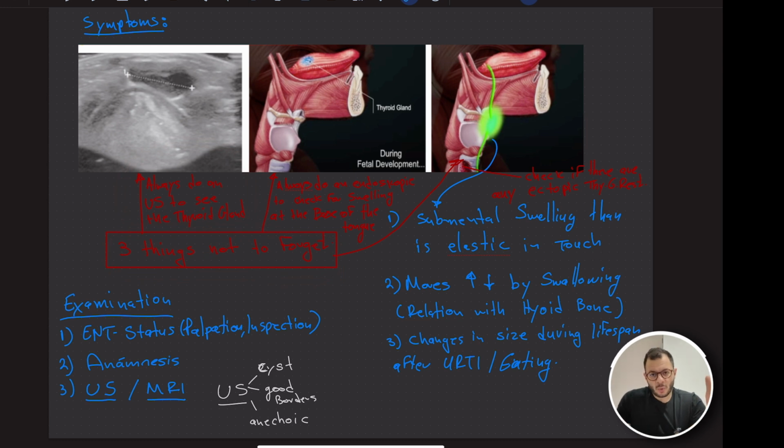Usually patients with thyroglossal duct cysts have ectopic thyroid glands, and you can find them along this road from the base of the tongue towards the resting place of the thyroid gland in the neck, usually in level 6 or just above the hyoid bone.